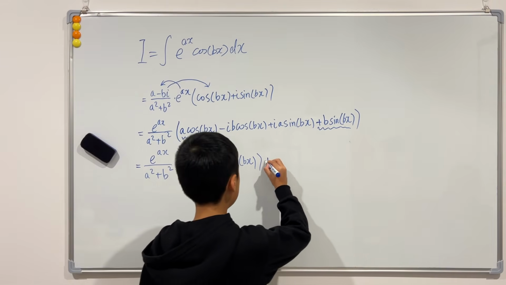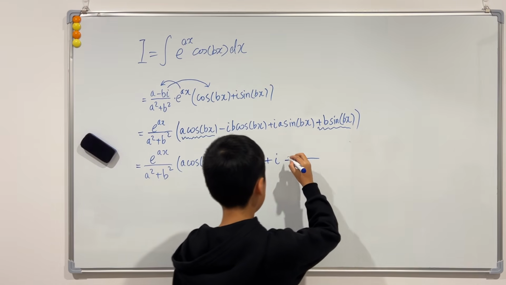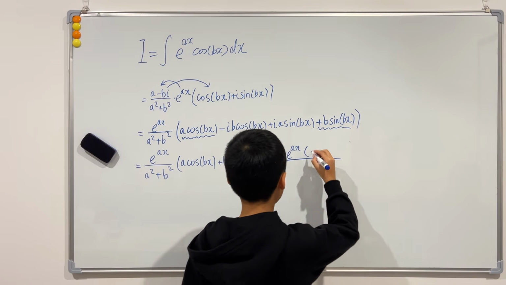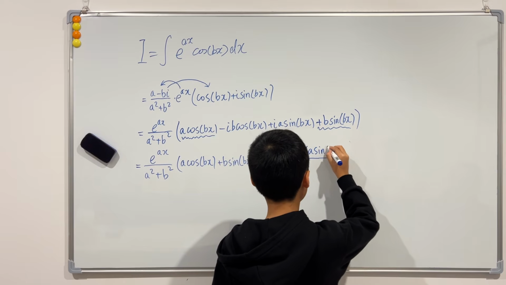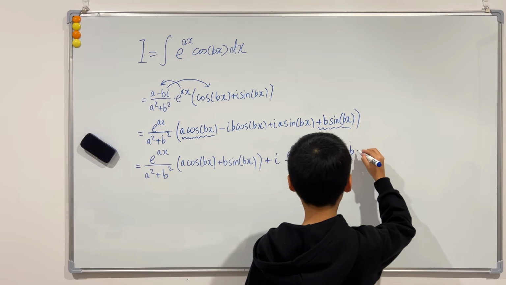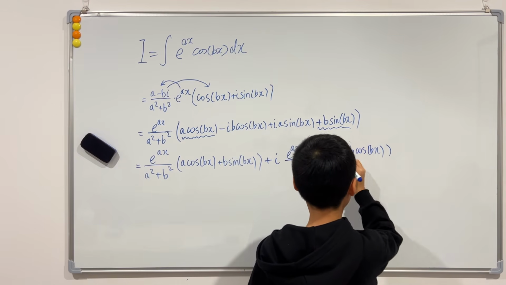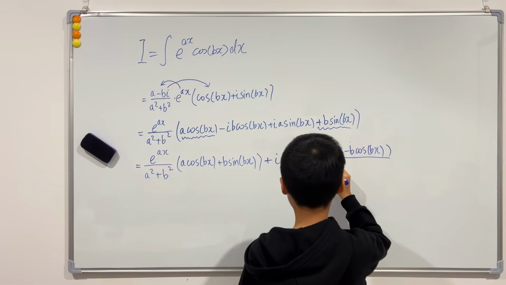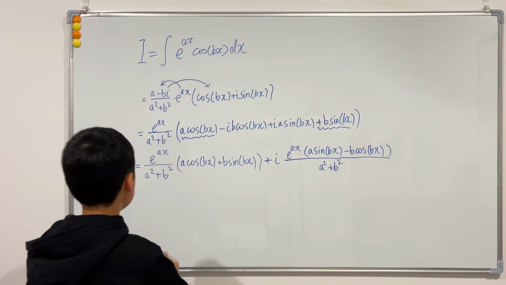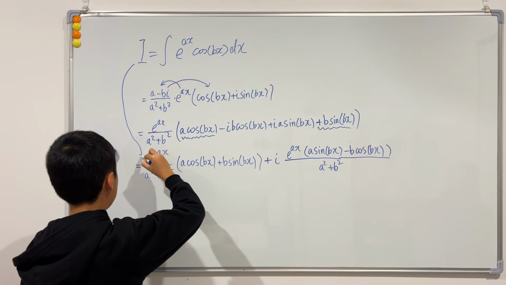So we add i times e to the ax multiply by a sine of bx minus b cosine of bx over a squared plus b squared. So we know that I is actually just this part.